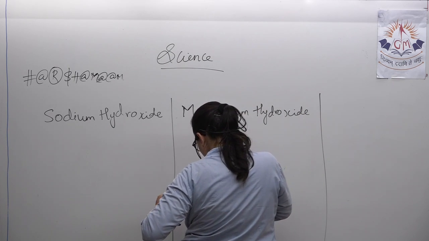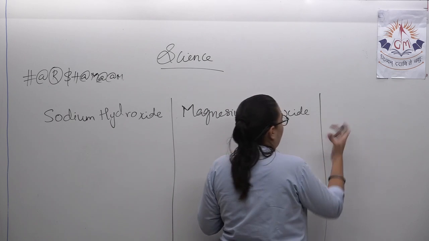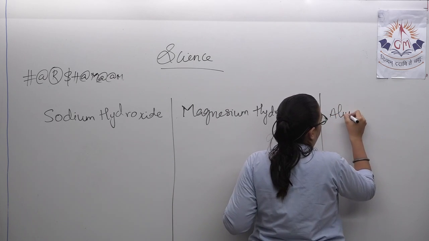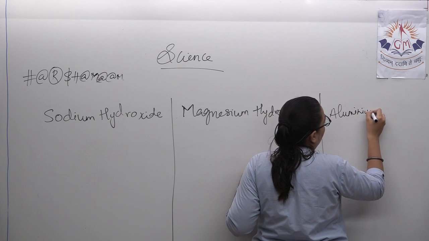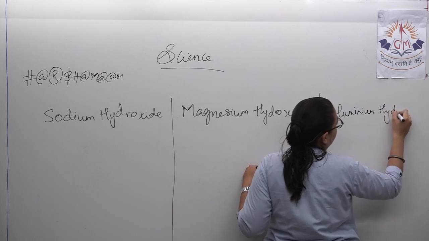Okay, so there are three. We are considering three: aluminium hydroxide.